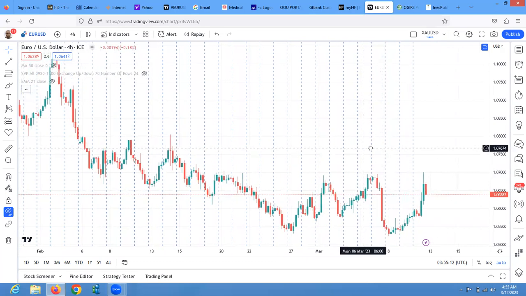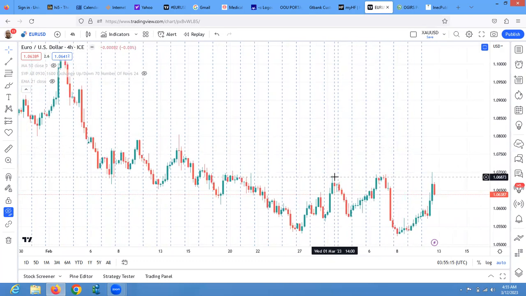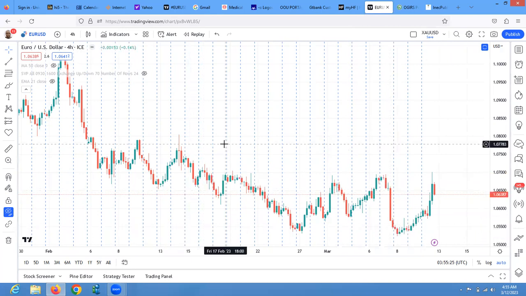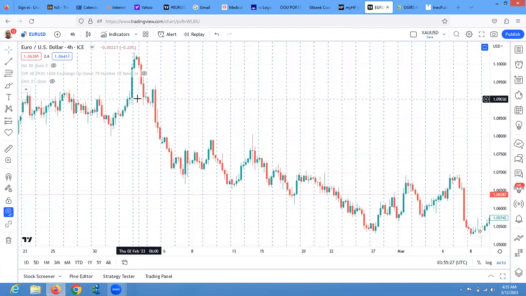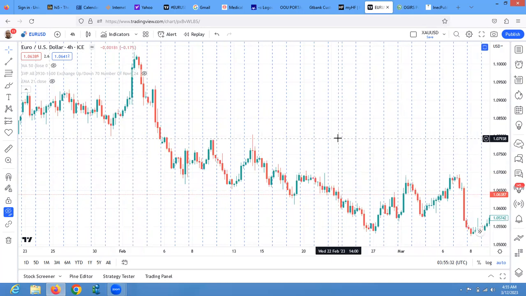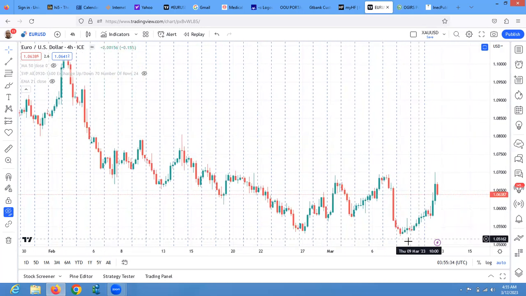So for me, I believe that this is A of 4, and this is B of 4, and this is C of 4, and this had finished with 5 completely. This finished with 5, just the way they finish with 5 here, with an impulse. And unfortunately, they started as if they are correcting with 2 here.